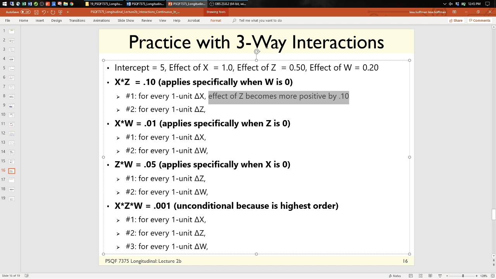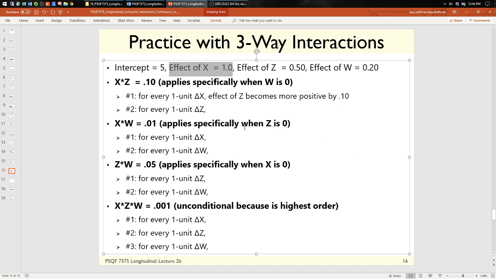If I go the other way, the effect of x is 1, so y goes up by 1 for every 1 unit change in x when... Your turn, when what is true? Effect of x becomes... Thinking of positive.